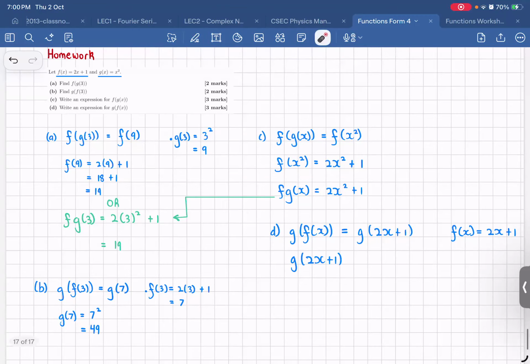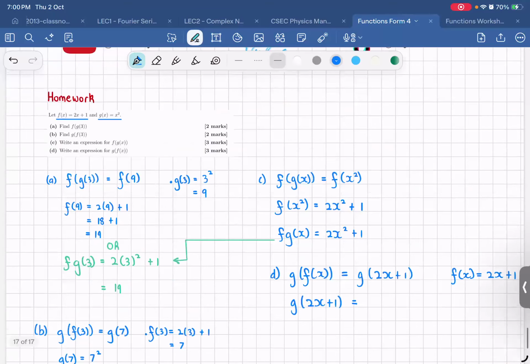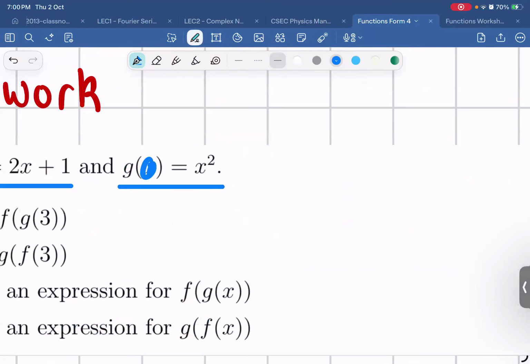So instead of writing x, you're going to write 2x plus 1. So g of x was x squared, but instead of x we have 2x plus 1 on the inside. You understand? Yes, sir. So instead of writing x squared, we're going to write 2x plus 1 squared.